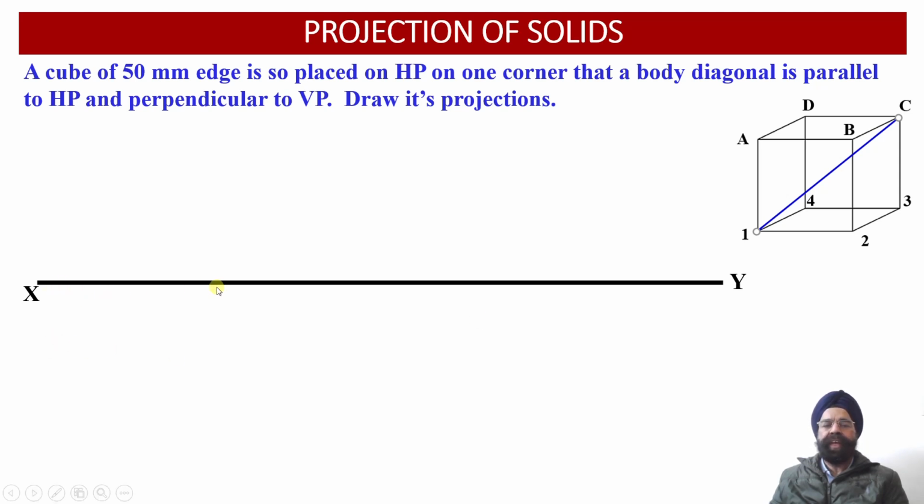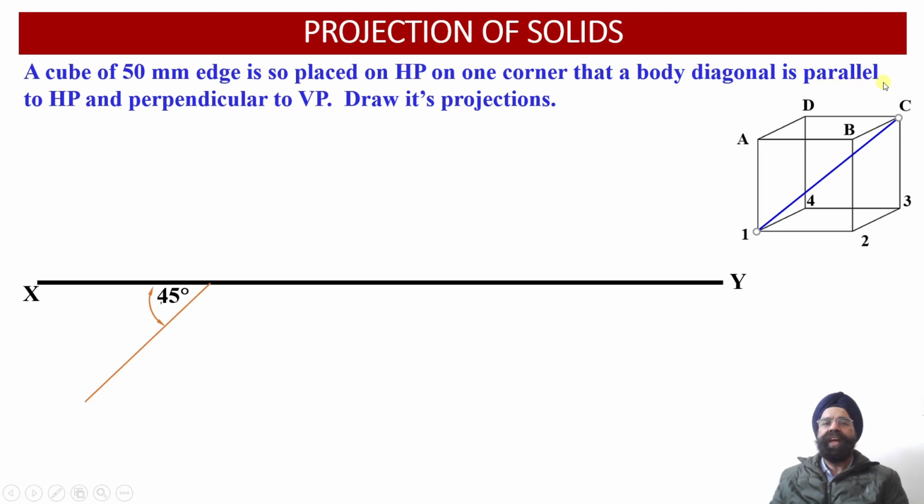Now first of all, we are going to draw the long XY reference line, and now the two faces of this particular cube, which will be represented as a square in the top view projections over here, will be inclined at an angle of 45 degrees with respect to the vertical plane, such that this cube should be resting on one of its corners onto the horizontal plane when initially the body diagonal is becoming parallel to the horizontal plane.